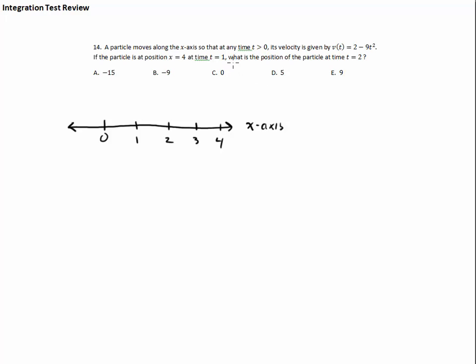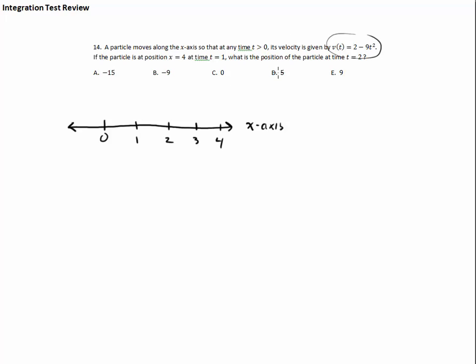At time t equals 1, my little particle, and we're going to use the little center of this little target thing, whatever you want to call it, as our particle. So imagine our little particle guy is right here at 4, so he's just moving up and down the x-axis. His velocity changes. If he's moving this way, his velocity is positive. If he's moving this way, his velocity is negative. And this equation right here is telling us how that velocity is working. So let's see.